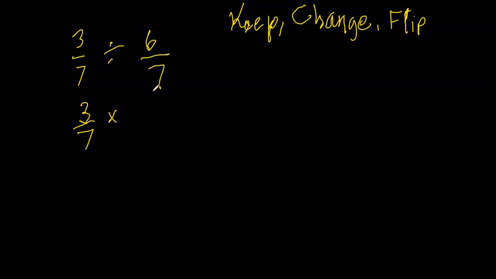Flipping means get the reciprocal of the fraction given. So basically it's going to become 7 over 6. Anytime you divide in fractions, this is what you have to do. The operator will change, and the second fraction will be the reciprocal of the original given fraction, right?